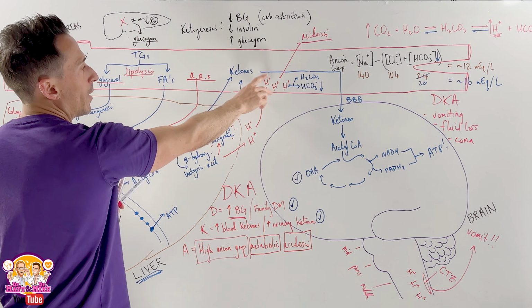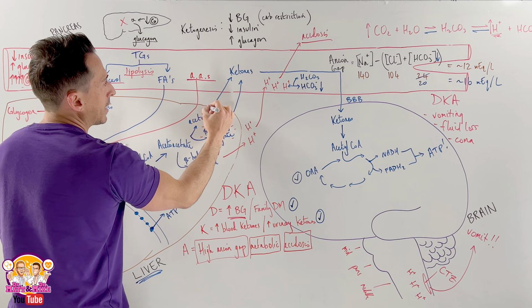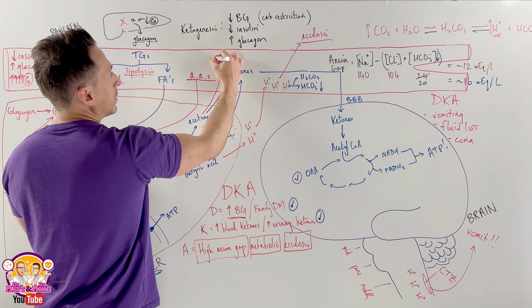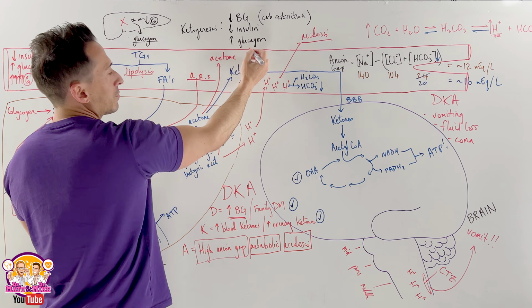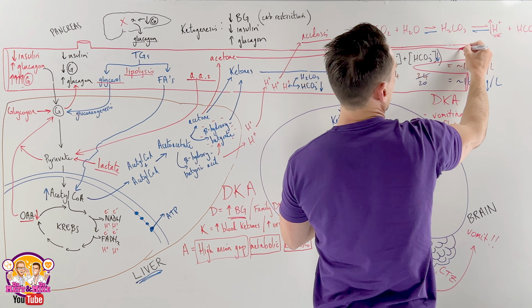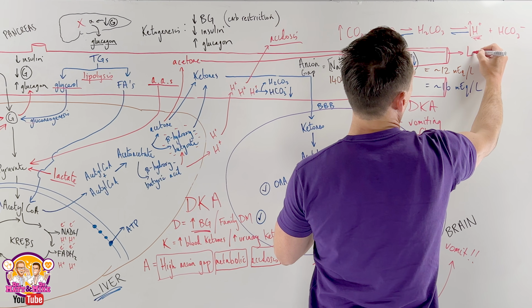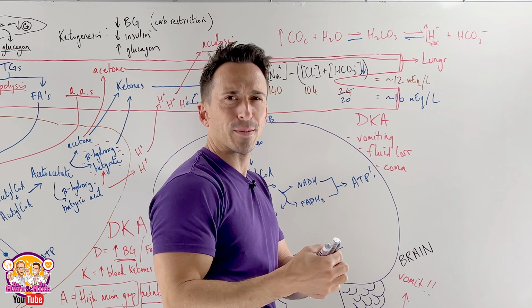But before the coma, the acetone that's been released can be breathed out, right? So if we take this acetone and bring it all the way out here, it can be breathed out via the lungs. And what do you think acetone smells like?